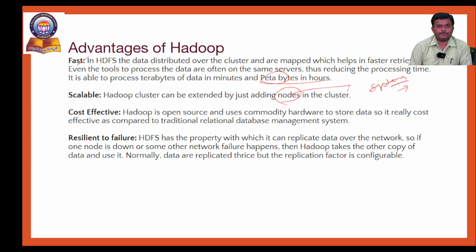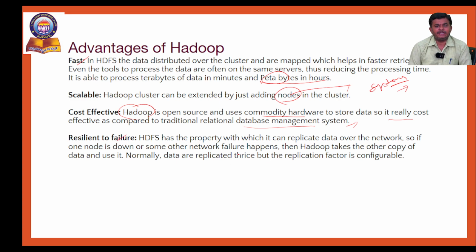Next, cost effective. Hadoop is open source and uses commodity hardware to store data, so it is really cost effective compared to traditional relational database management systems. For traditional RDBMS systems, you have to use high-end systems to store and process the data, whereas Hadoop uses only low-cost commodity hardware to form a cluster and thus can operate on your data. Next, resilient to failure.